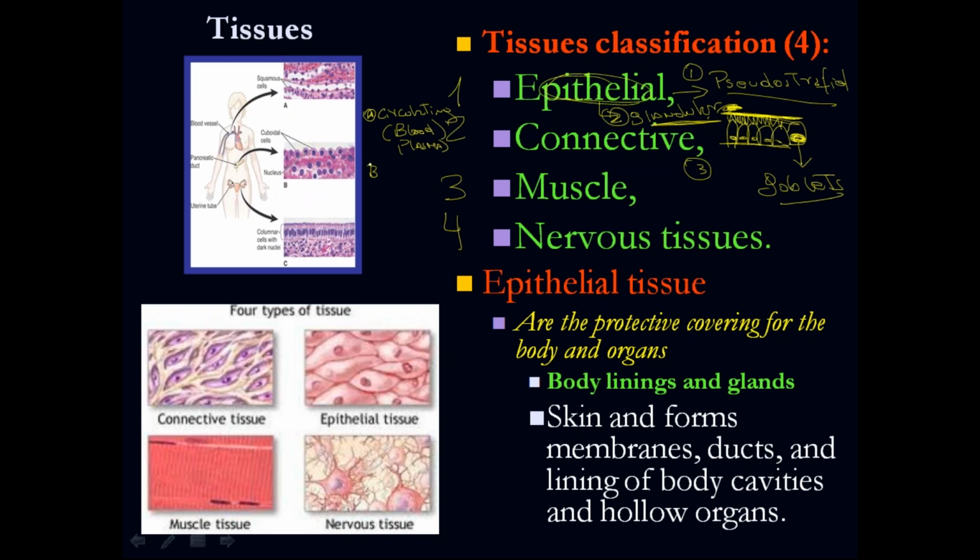Letter C, let's put first, is the structural. Structural is going to be bones and cartilage, correct? All right, so why did I put B at the end? Because it's in between. If this is fluid, this is solid, this is going to be in between.